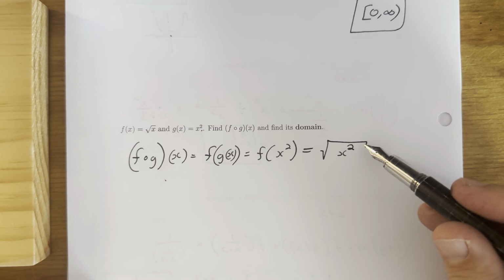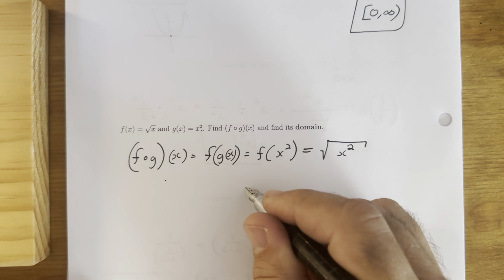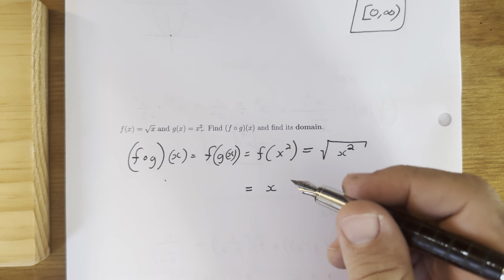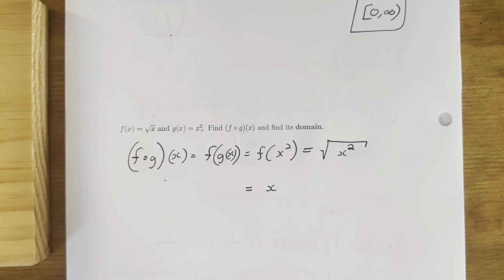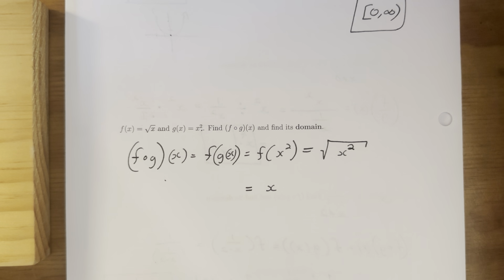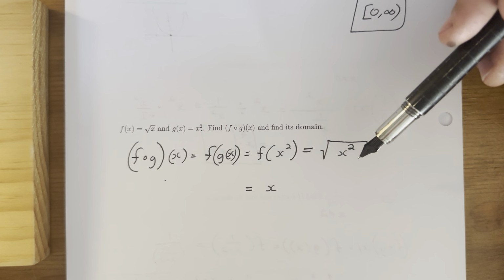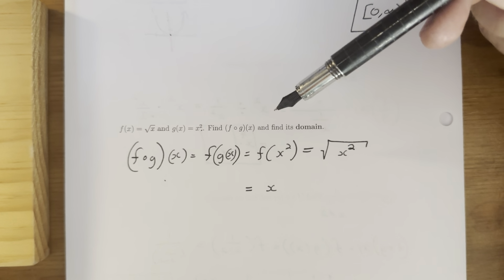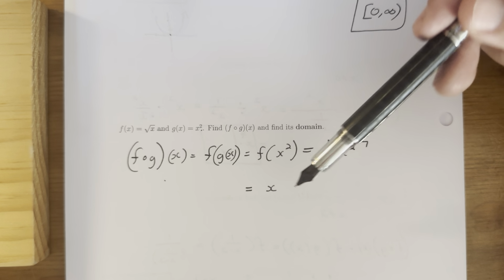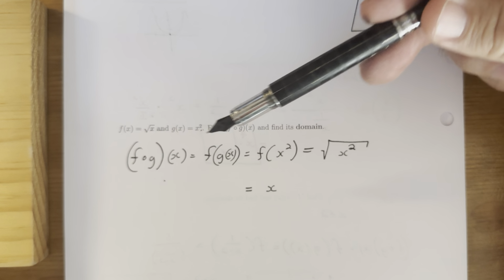And I take the square root, so that takes care of the square. And you might say it's just x, and I would tell you not so fast, because there is a little trick going on here. What happens when I just plug in x? Like if x is a positive number, it stays the same, right? That's what the identity function means. But what happens if I plug in a negative number?